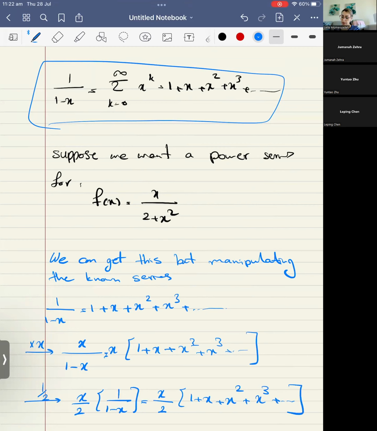Now we can see this function is x over 2 plus x squared. Okay.